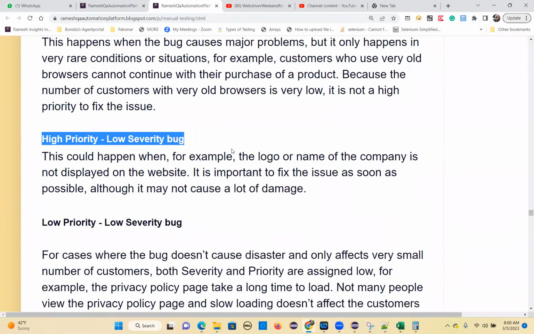But that usability issue is on the front page, the company name is wrong, and also the logo is not displaying. These are all high priority, right? On the front page, a logo not displaying is a bigger issue. That's why they have to fix it immediately. Even though that is not a functional issue, for look and feel and to make it more professional, you should fix them.